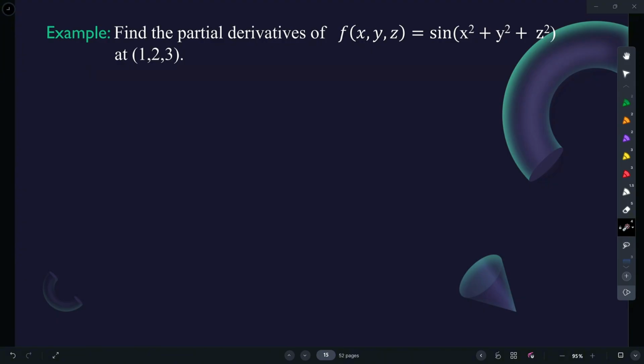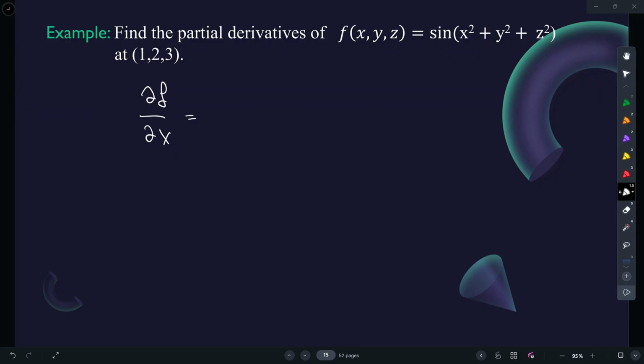We're going to do partial derivatives not just of functions of two variables, but of functions of several variables. So let's quickly calculate some partial derivatives here. What is the derivative of f with respect to x? Now it is also a chain rule. Now y and z are constants with respect to x.